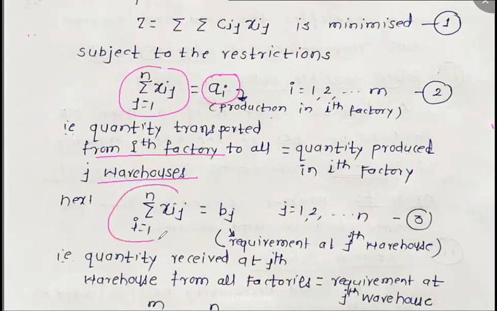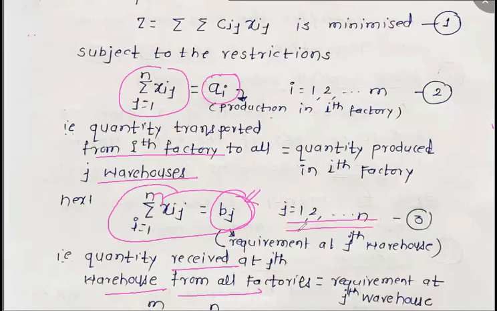And here the quantity received at the jth warehouse, summation xij, i equal to 1 to m, from the m factories to the jth warehouse is equal to the requirement at the jth warehouse.